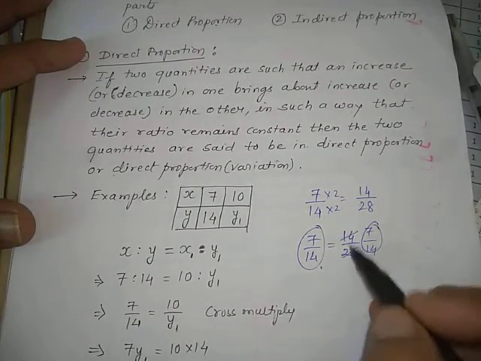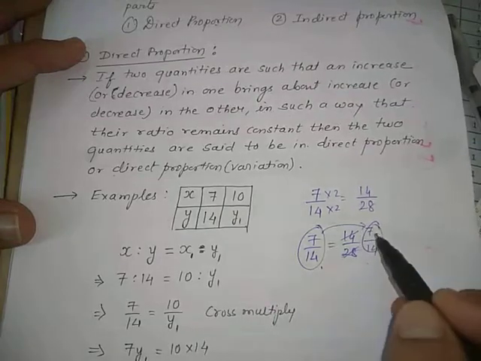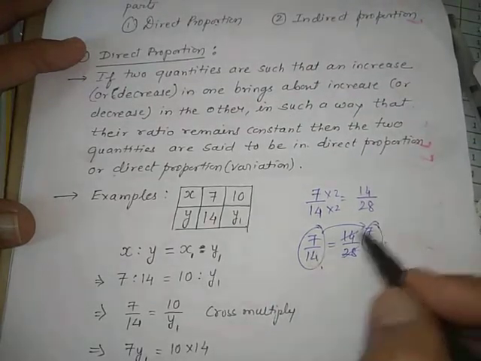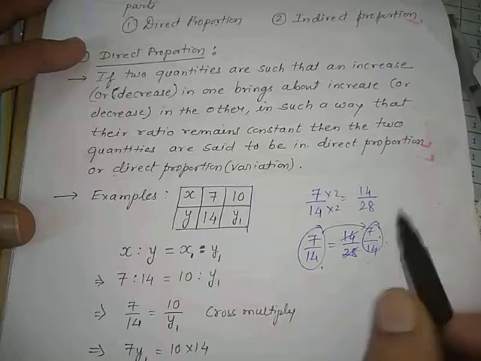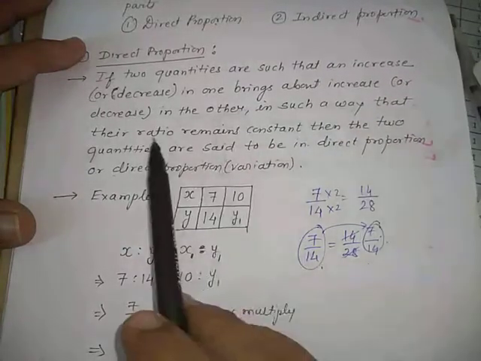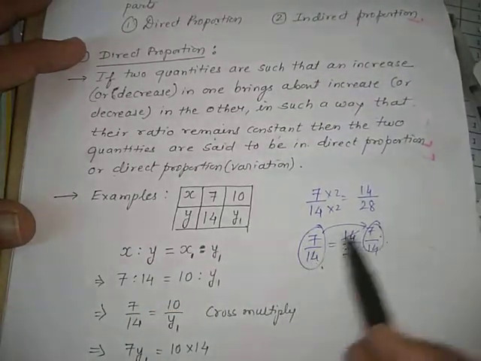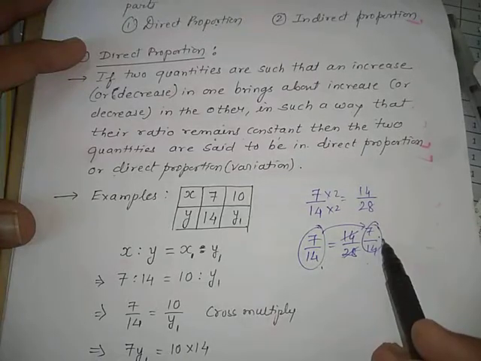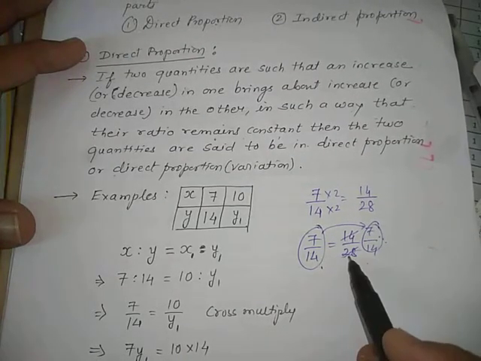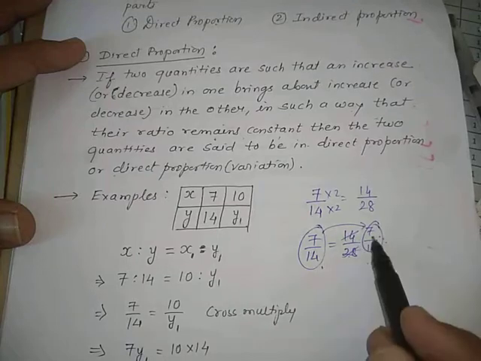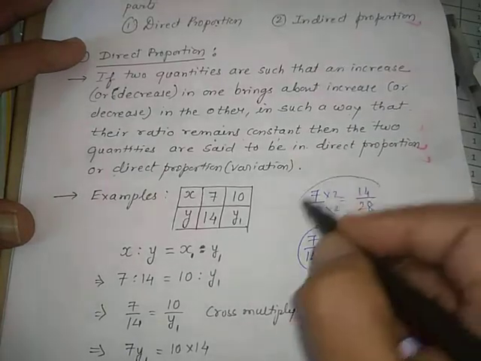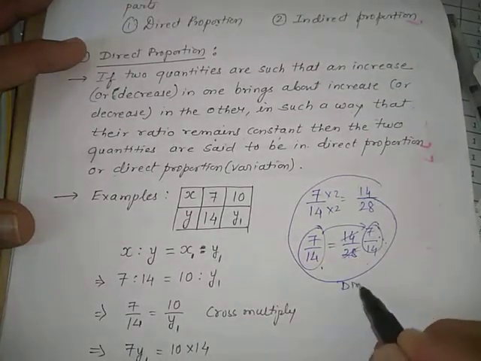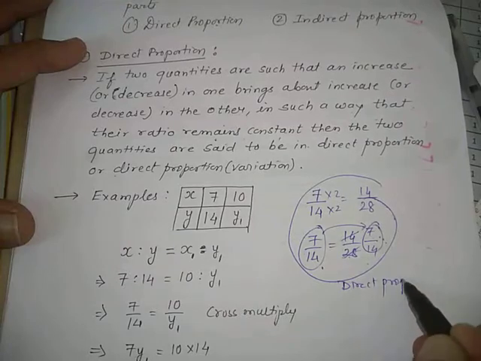So these two are equivalent. The ratio remains constant on both sides. Clear? The numbers change but the equality remains constant, then this is called direct proportion.